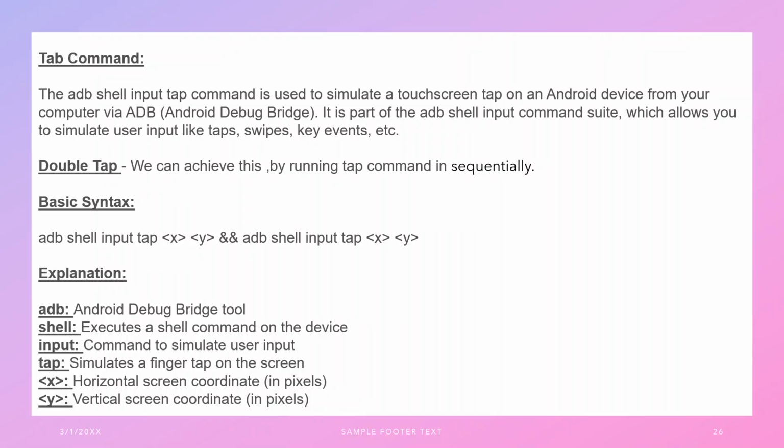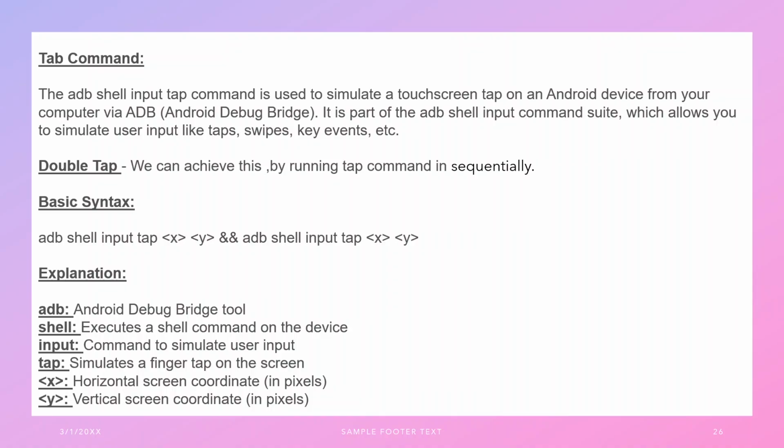And double ampersand. As you know, that is a double and. We can run two ADB shell commands sequentially in a single line by using the double ampersand.